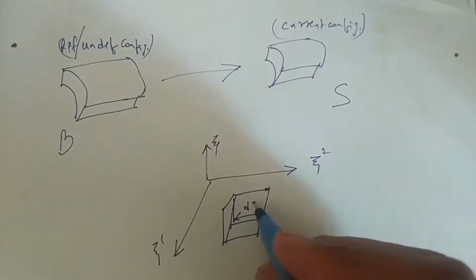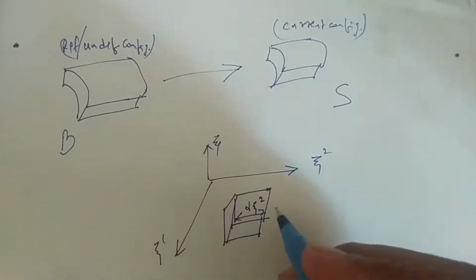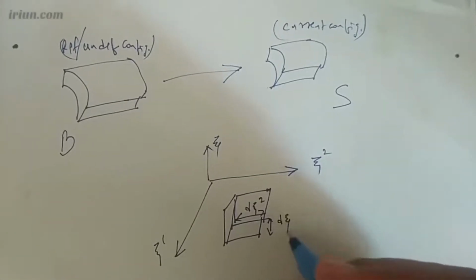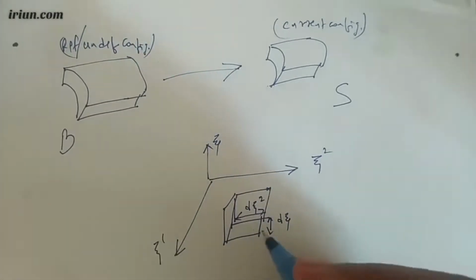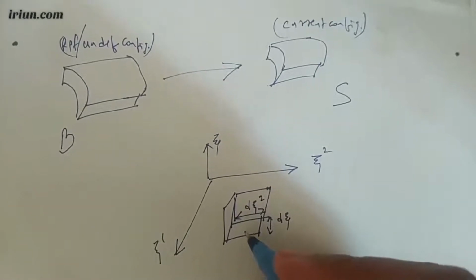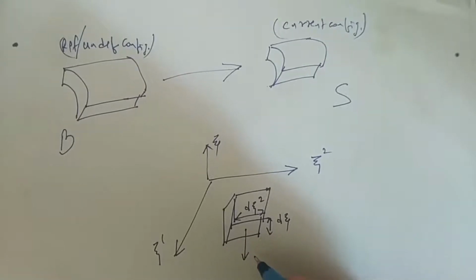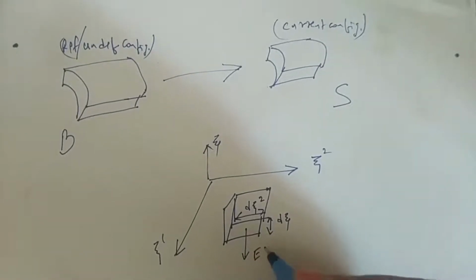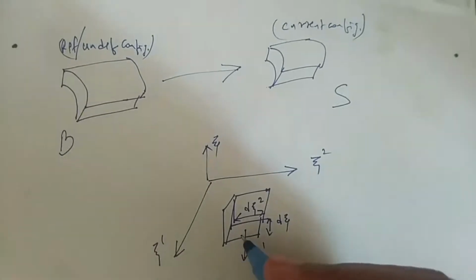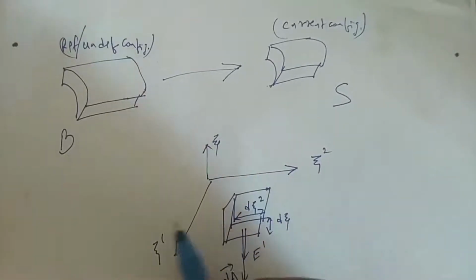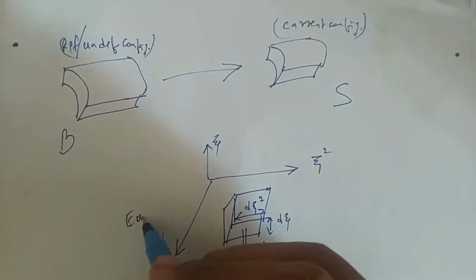Let us call this length d zeta 2 and this height d zeta. The vector on this face is along this direction, and this vector is e1. The area vector will be dA vector. So this is our Euclidean space.